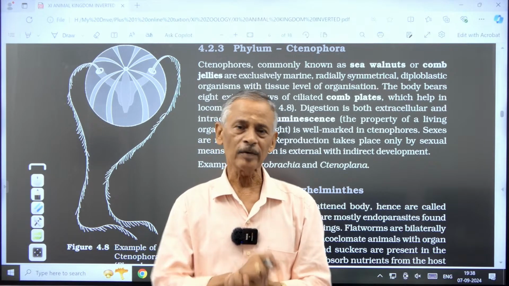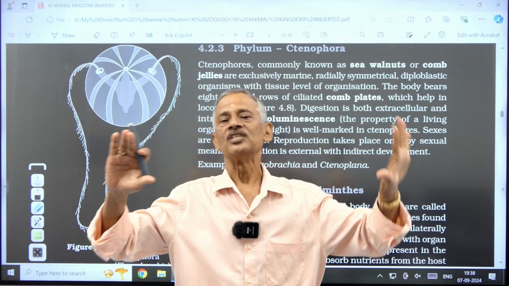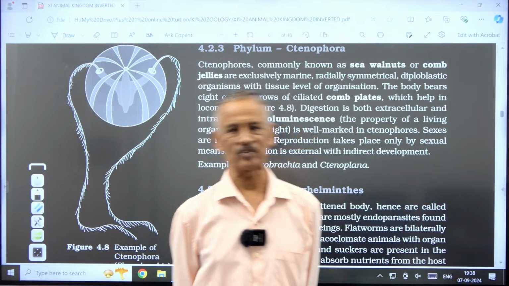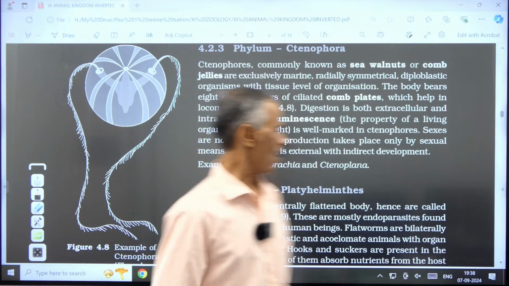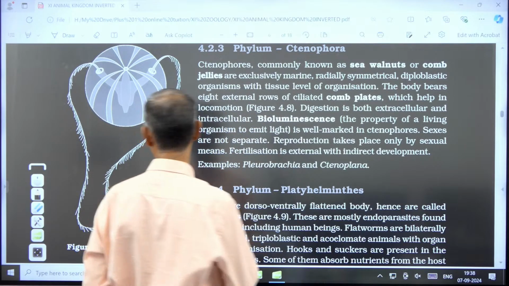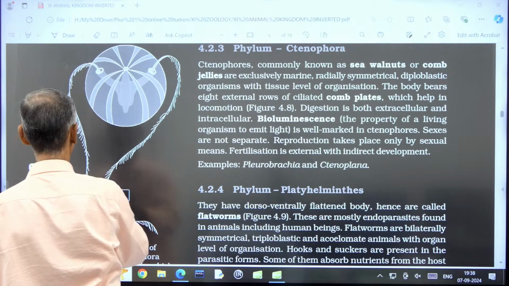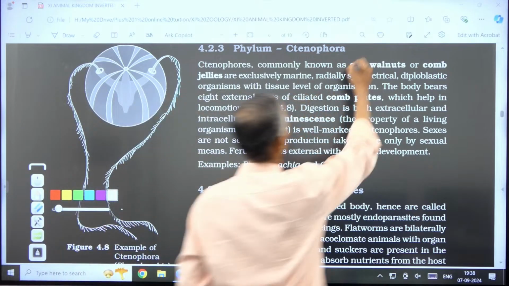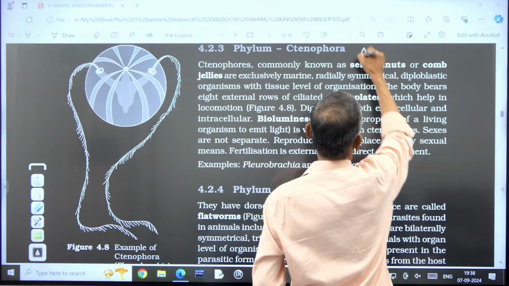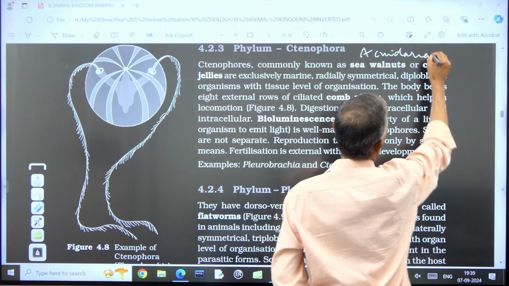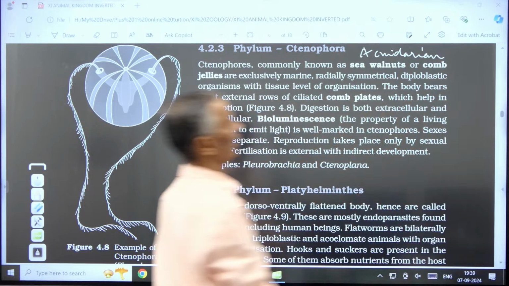Whereas here, no such stinging cells or cnidoblast cells are present. So they are simply called Ctenophora.